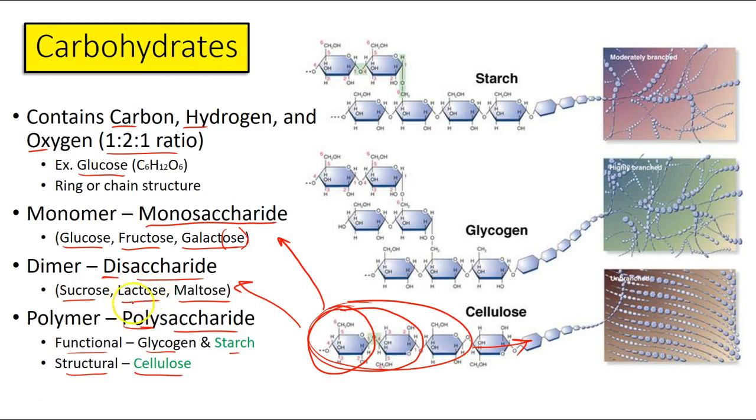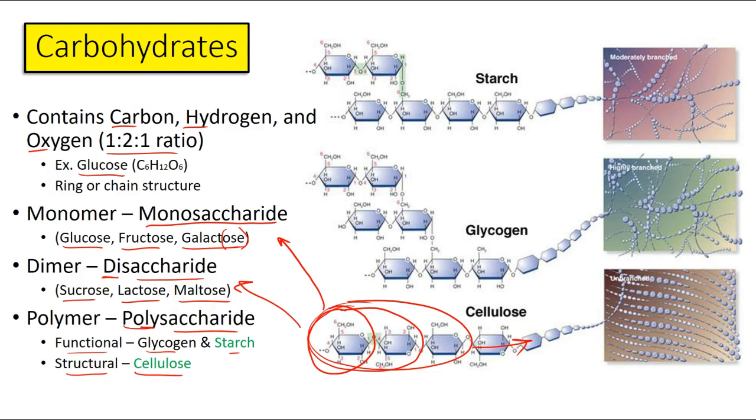Lactose is the milk sugar. It is a sugar that is produced by mammals and is placed in milk to help add energy to that particular substance. And maltose is a sugar that is found typically in plant roots and or plant seeds, and it's typically used to energize developing embryos or developing seedlings.